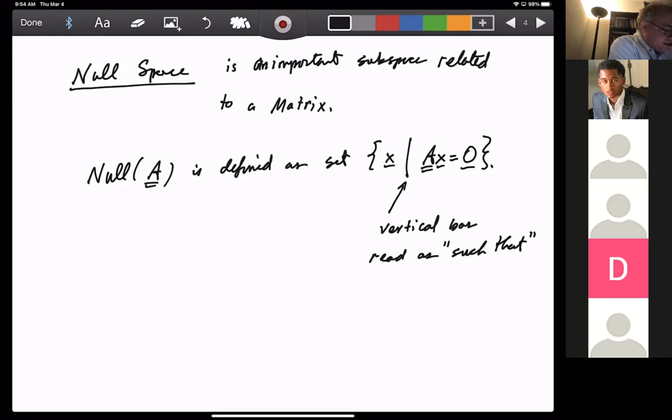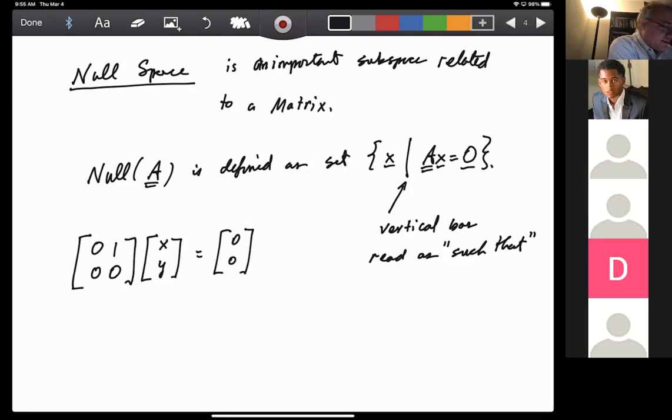So if we've got a matrix, here's an example. We can take the matrix, multiply by a vector, and we want to get the 0 vector. So here's a matrix. What's the null space for this going to look like? Well, I can work out a set of algebraic equations for the components of vectors that are going to work here.